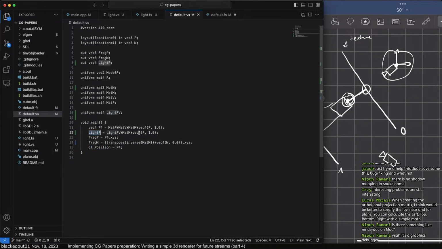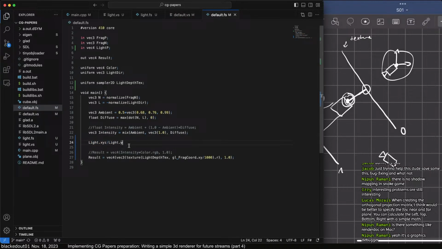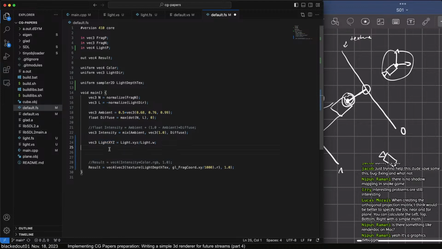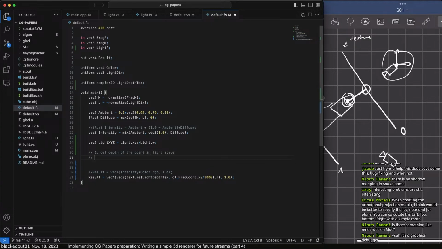But since we now pass this point manually to the fragment shader, we need to do this manually too. And this way we have our light point XYZ, the actual XYZ coordinate. And now, first, we want to use this to get the depth of the point in light space. And second, we want to use this point to sample the depth from the texture.